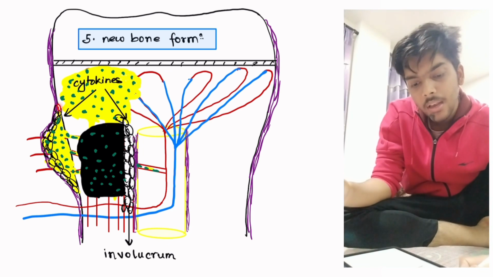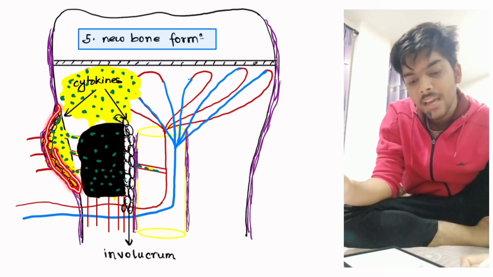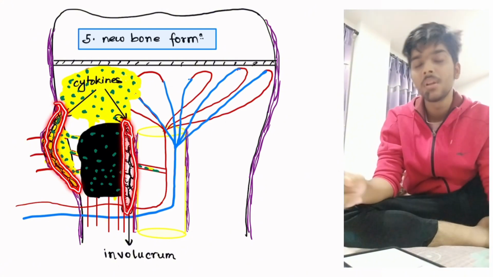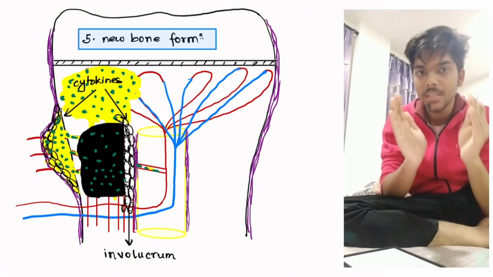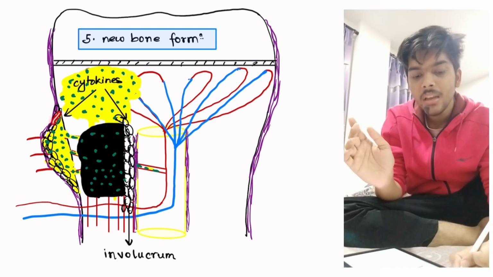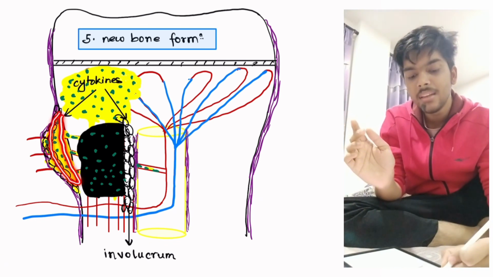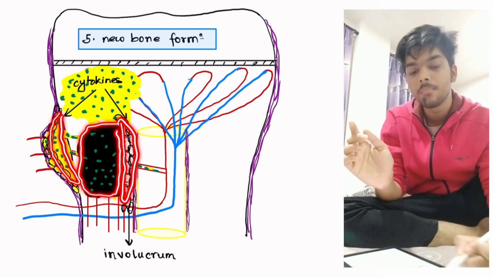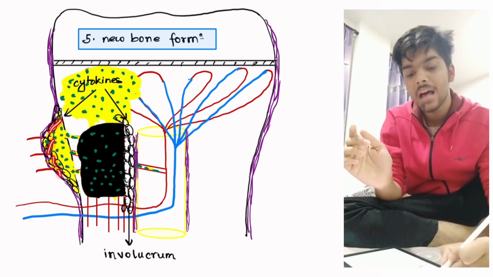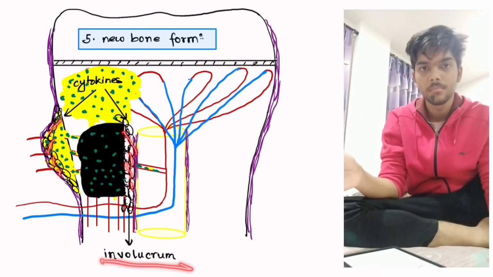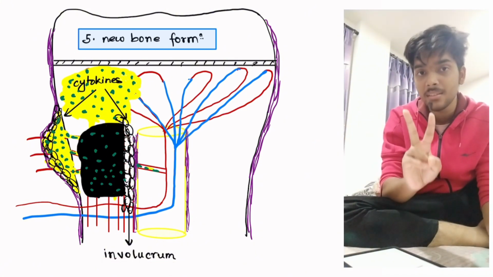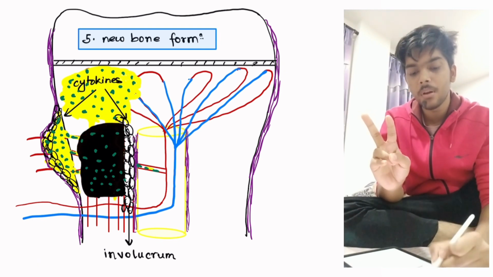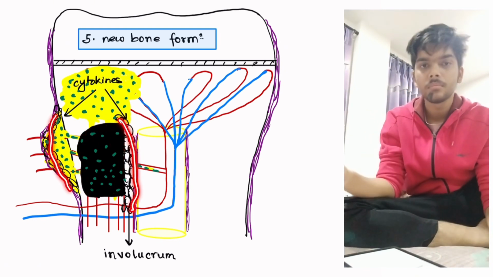So you get a layer of bone cells from this direction and a layer of bone cells from this direction. The two layers of bone cells act as a covering for the dead chunk of bone in the middle, the sequestrum. And these two layers are called involucrum. So what are the two major things? There's formation of sequestrum, and then there's also formation of involucrum.